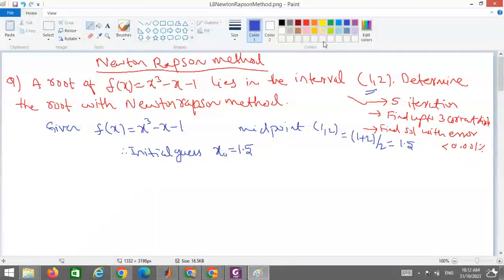Okay, now using this initial guess you have to put it in the Newton-Raphson method formula. So what is the formula for the Newton-Raphson method? Let me write it here. Newton-Raphson formula.